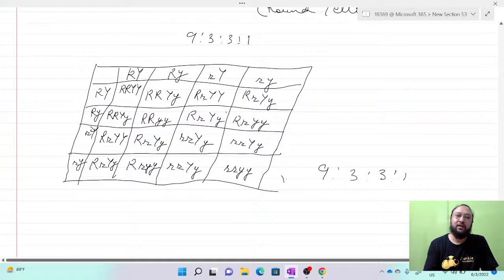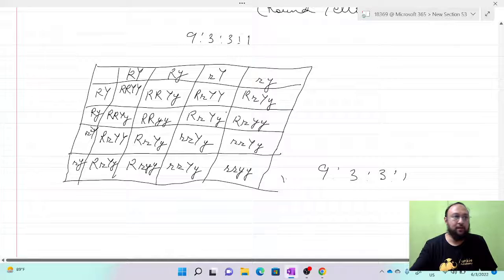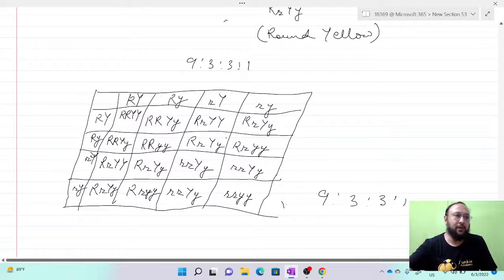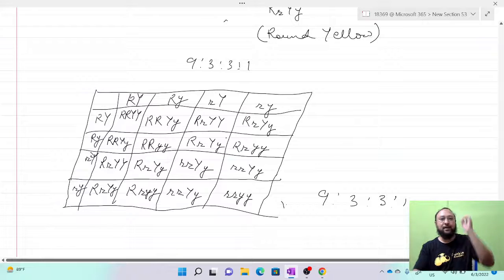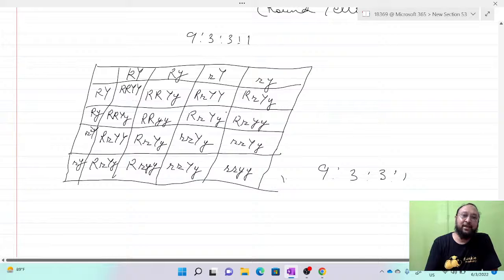Now you can see. As I told you earlier, wrinkled is recessive, and green is recessive, so we are getting the dominant yellow color.